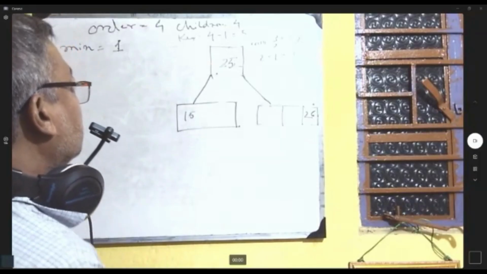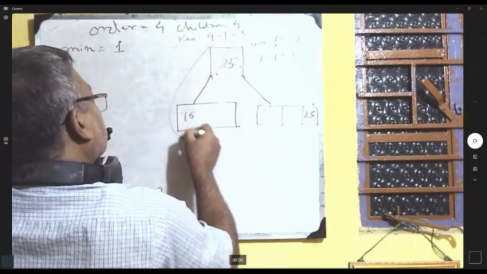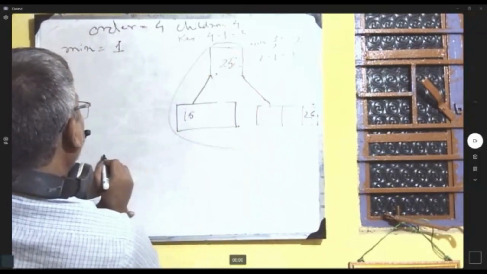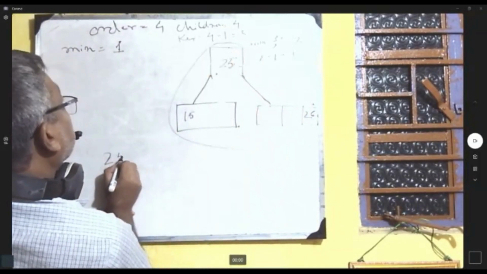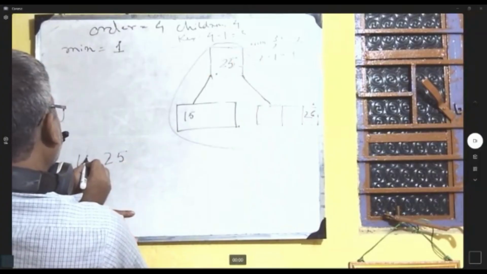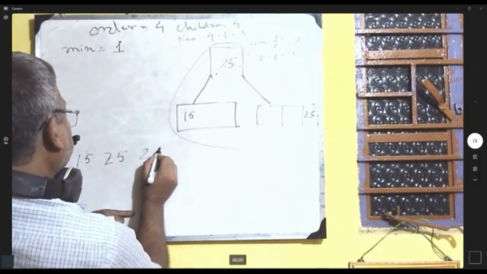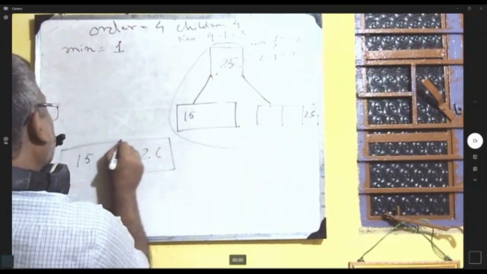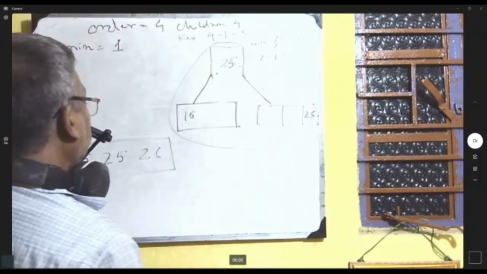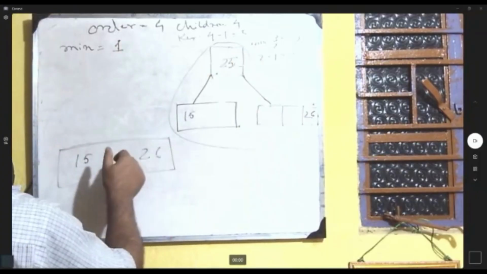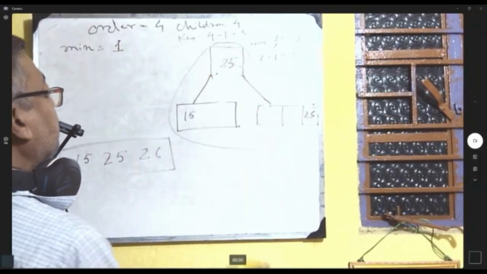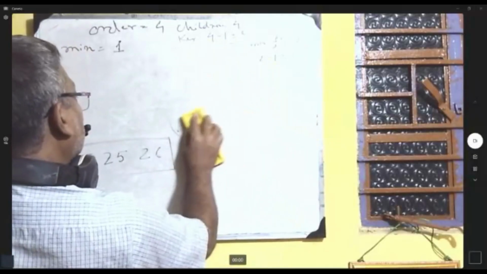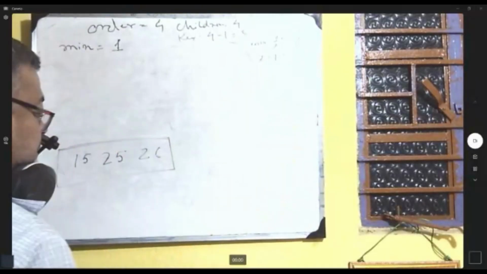So we can merge these 3 nodes in one node. So 25 in the middle position, 15, and then 26. The keys of the 3 nodes are adjusted. The new B-tree is formed, that is 15, 25, and 26.